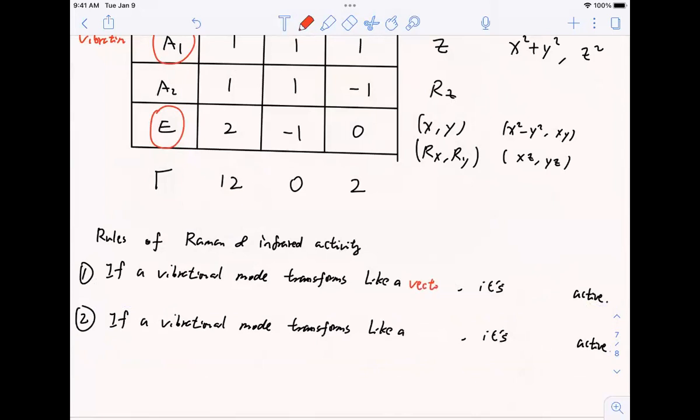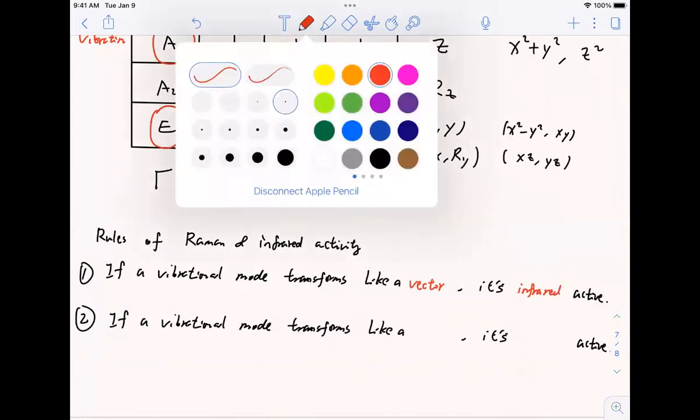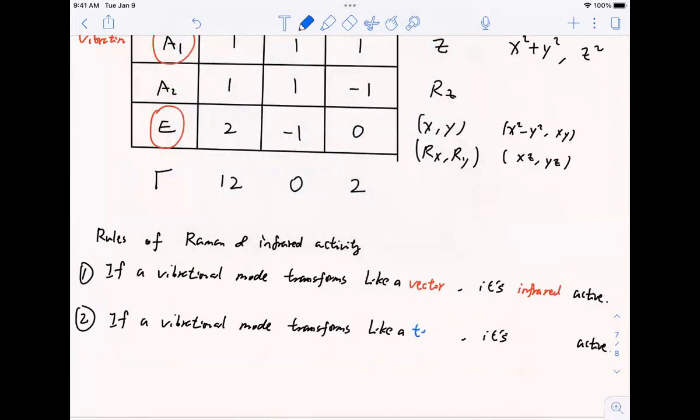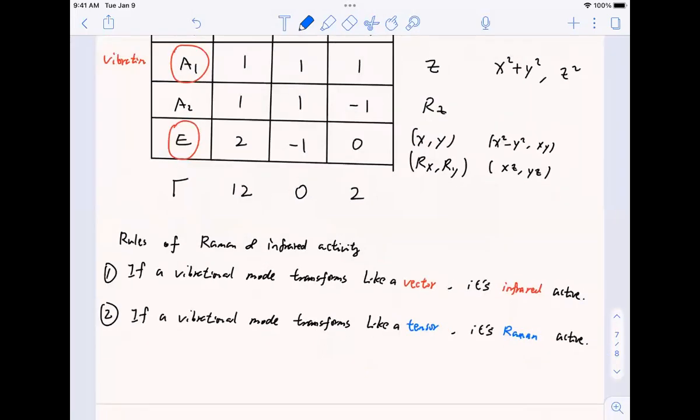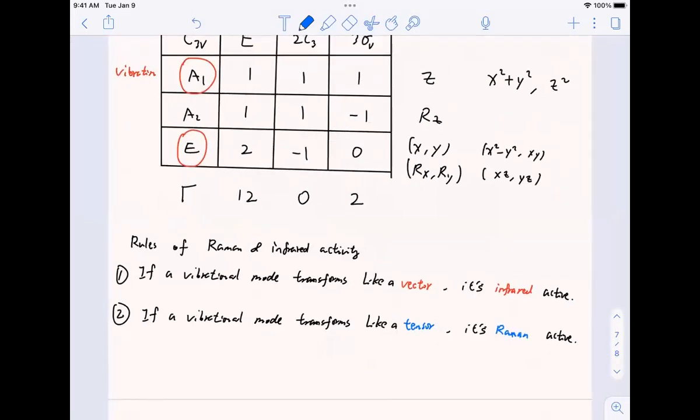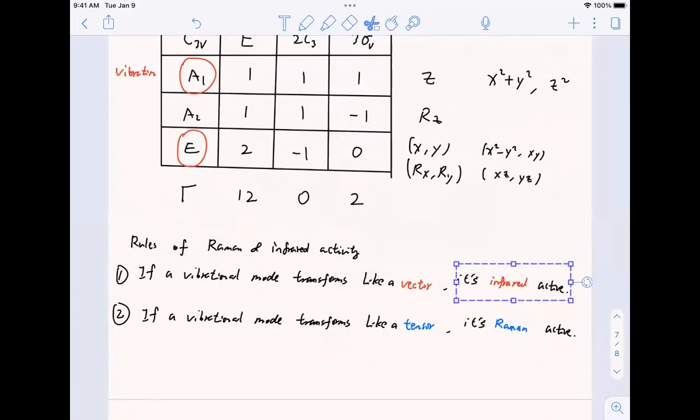Like a vector, it is infrared active. This one, maybe use red. Like a tensor, it is Raman active. These are the rules. Probably I'll use another lecture to explain why this is the case. But for now, you just remember these rules.